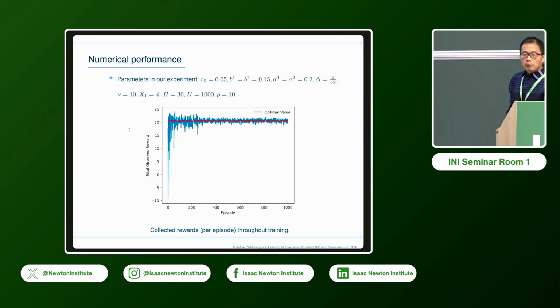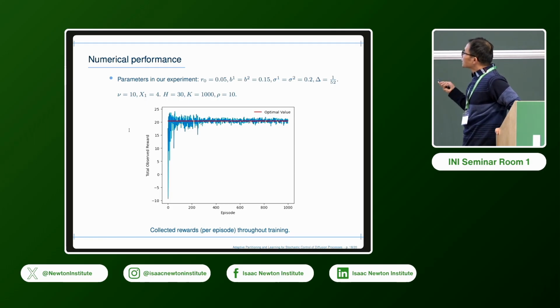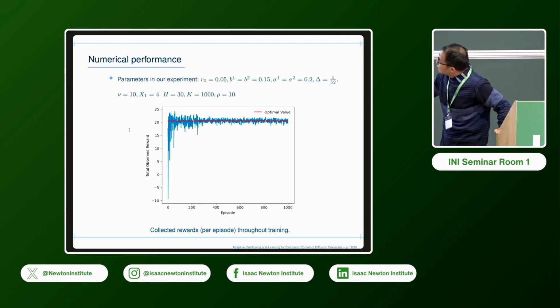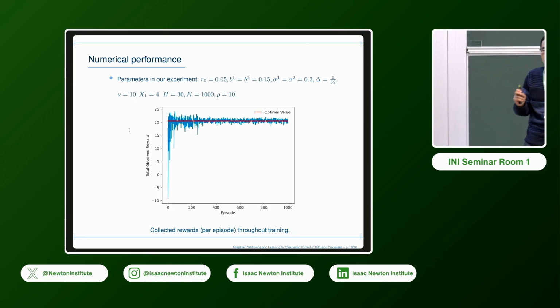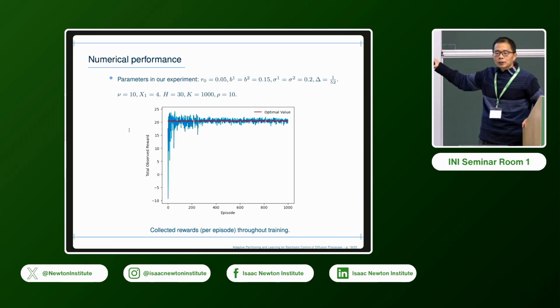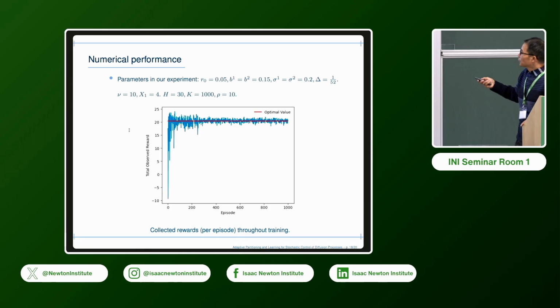This is the performance. The horizontal axis is the number of episodes, and the vertical axis means the total observed reward, which here is just the reward at the end. So we get this kind of performance.